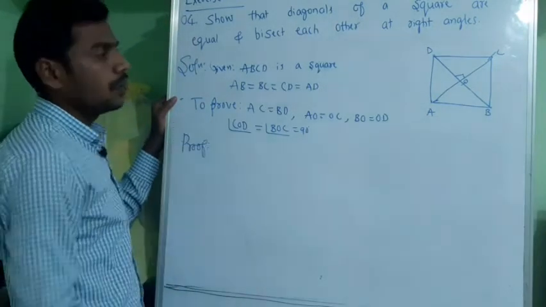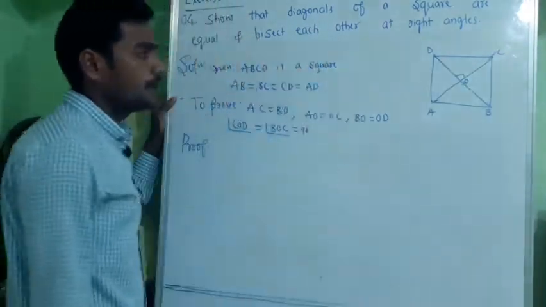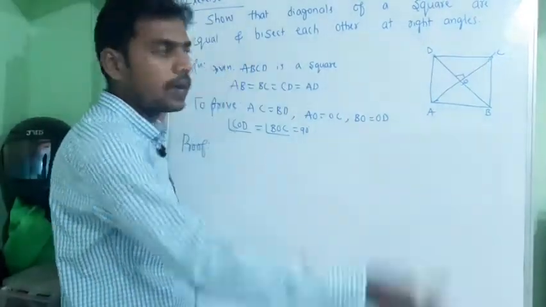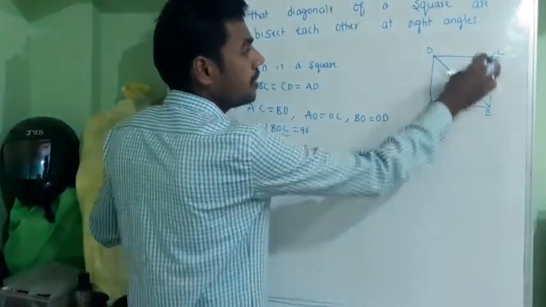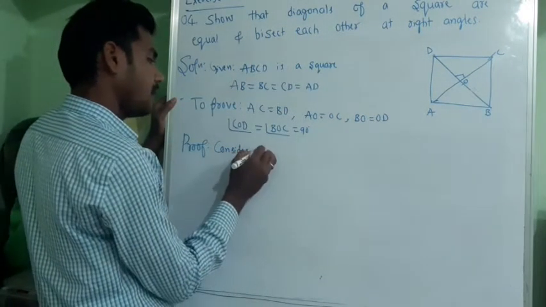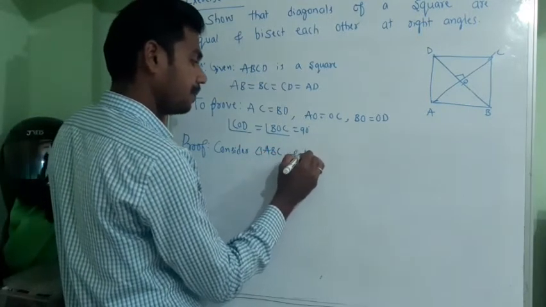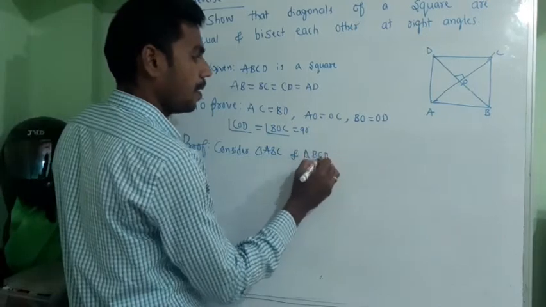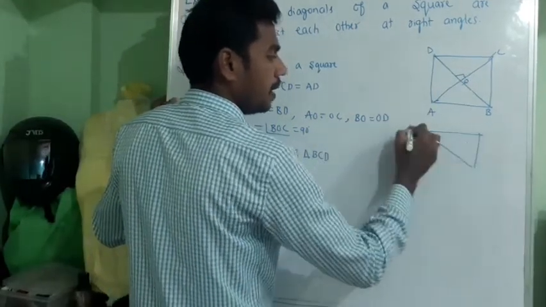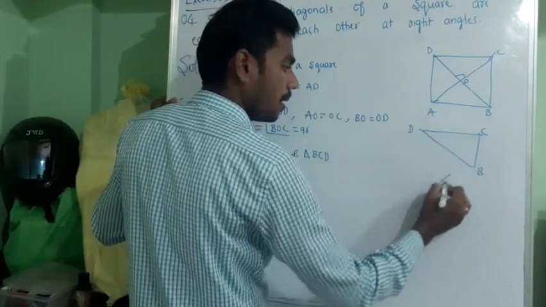So what do we need to show first? We need to show the diagonals are equal, AC is equal to BD. For that we need to consider the triangles which include the two diagonals. I will consider triangle ABC and triangle BCD.